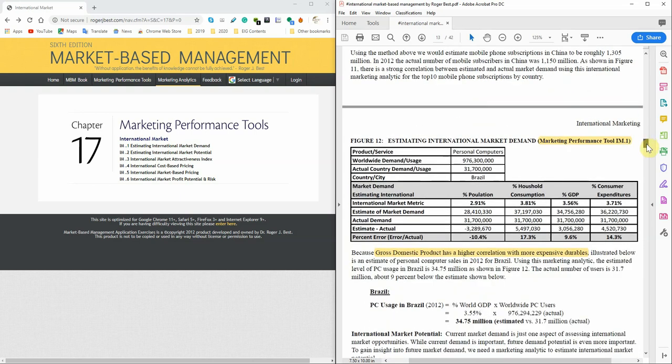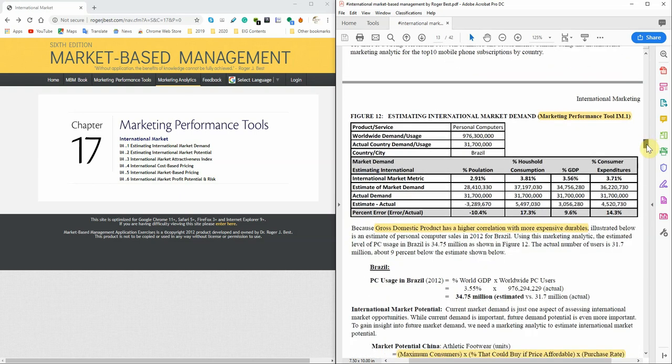Now let's look at a different example of Brazil and their PC usage in 2012. The worldwide sales is about 976 million, and Brazil's sales portion is 31 million.